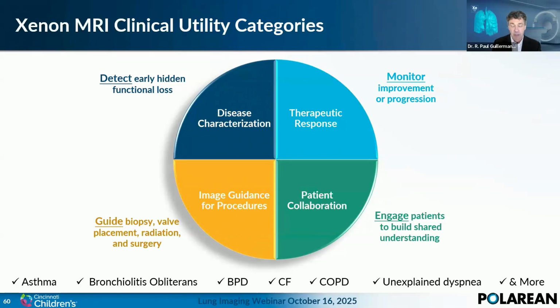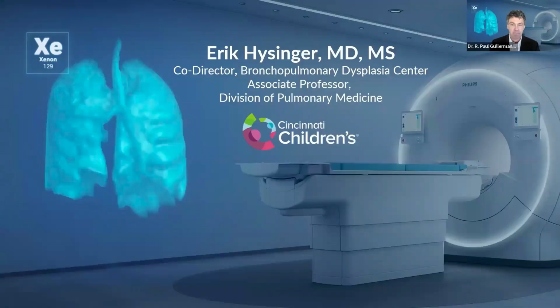It can be very valuable for demonstrating to families what is happening with their child's lung disease to help improve compliance with therapy. And then the next step, of course, which I see as a very prominent future indication, is going to be helping to guide interventional management of these patients with these advanced bronchoscopy procedures. And so Dr. Heisinger from our institution will then be taking over to talk more about that.